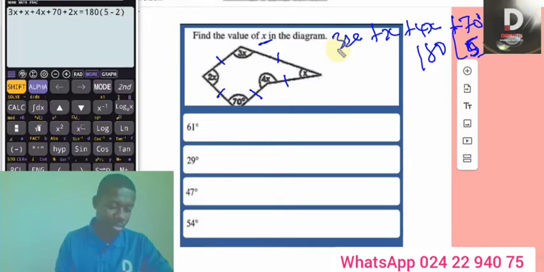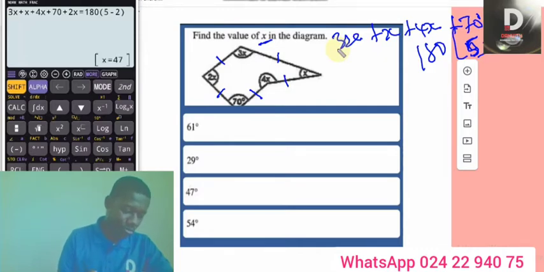You close your bracket, then we solve it. Simple. So let's solve. Shift solve.